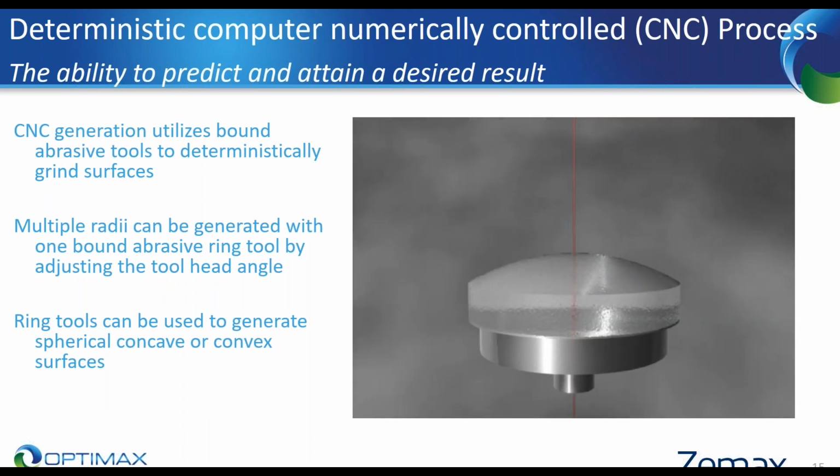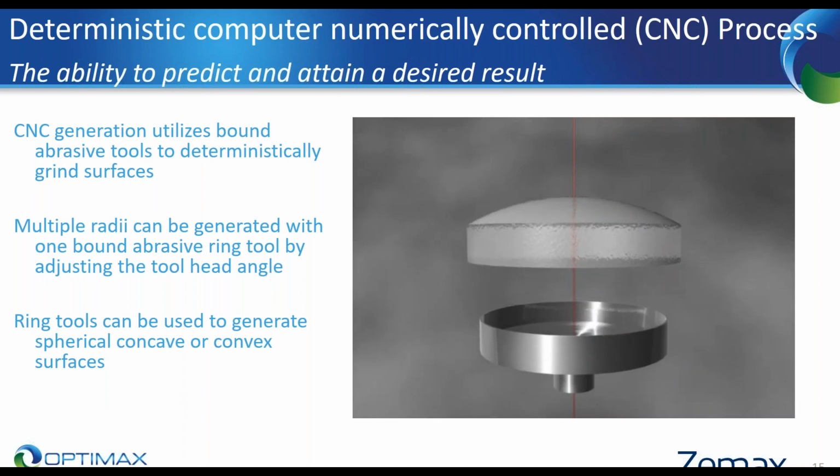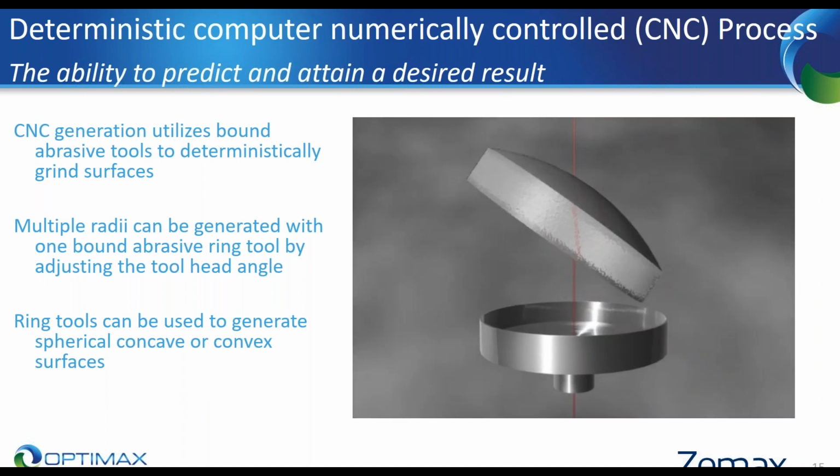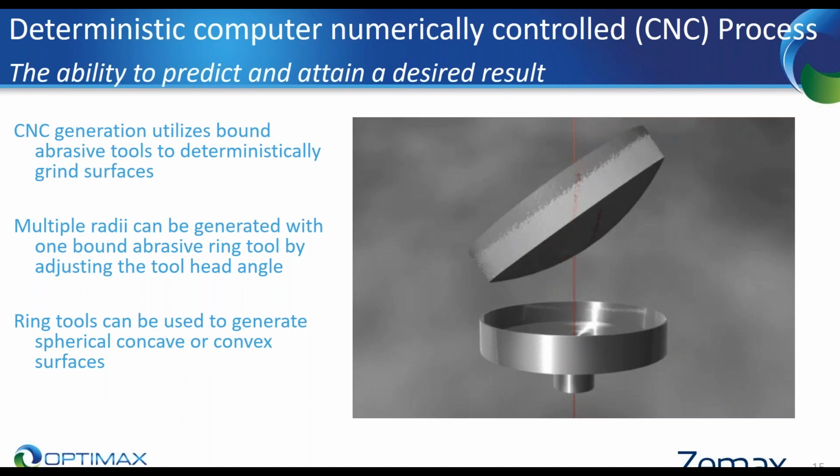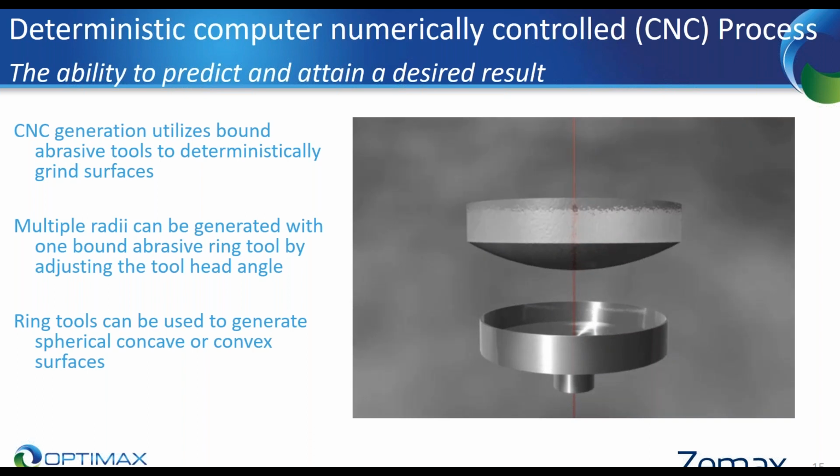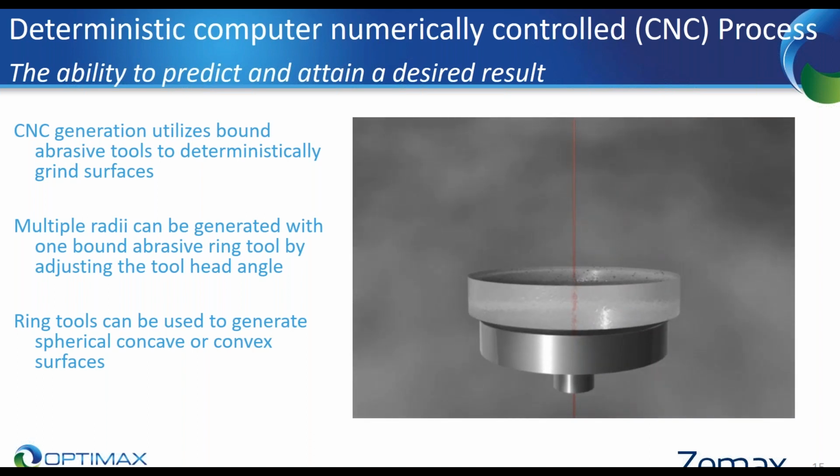As technology has advanced, deterministic computer-controlled processing has been utilized quite frequently in the optical fabrication process. When I talk about deterministically controlled, it's the ability to both predict and attain a desired result.